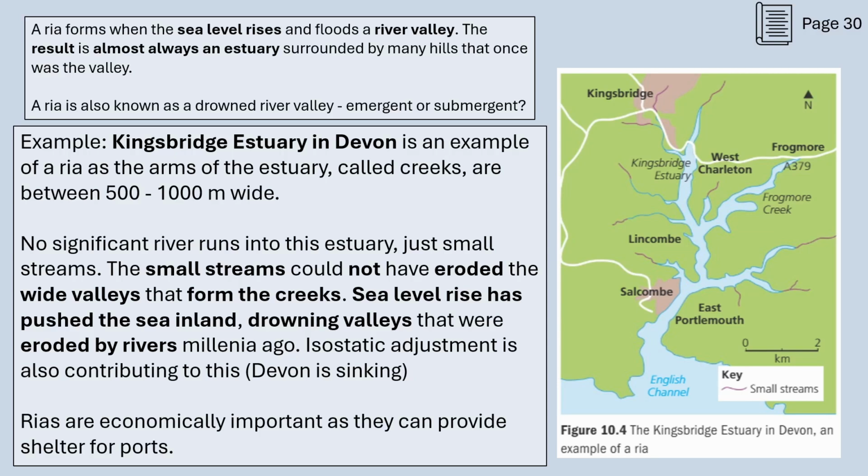So for a ria, mention it's a submergent coastline feature due to sea level rise, but also that it's formed due to sea level flooding V-shaped valleys that were originally formed due to rivers. So you need to mention both these eustatic changes, this sea level rising, but also that originally there had to be V-shaped valleys formed by rivers.